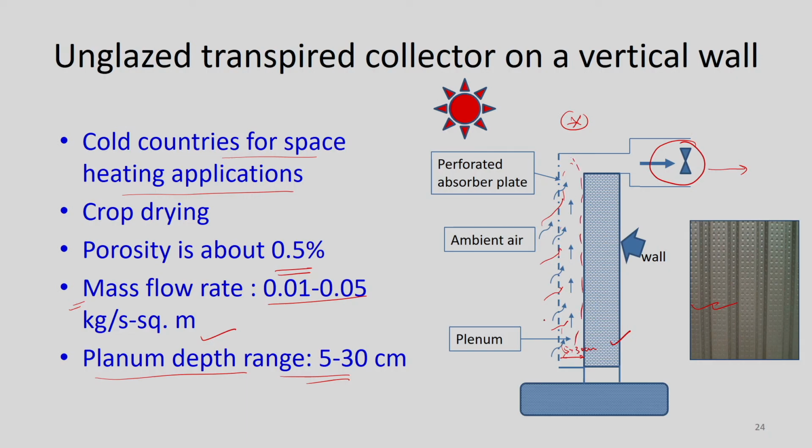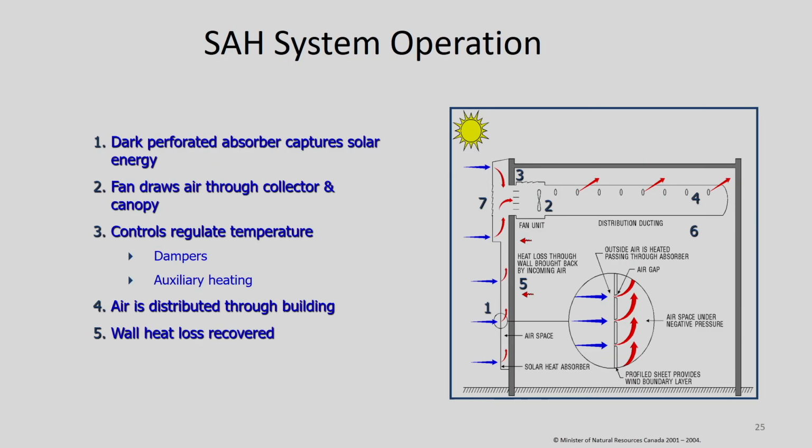So, this is the wall. Air will move through this and it goes there, in the header, and then it will be distributed through ducts in order to maintain the room temperature. Now, you can see how this ducting is done.